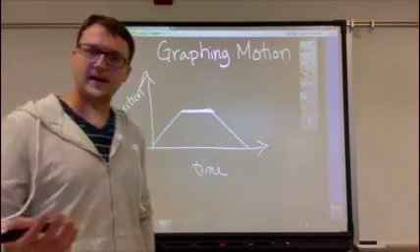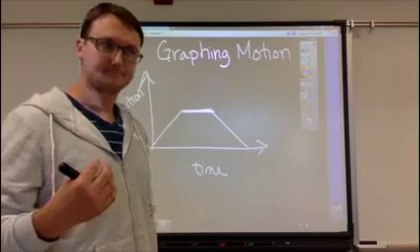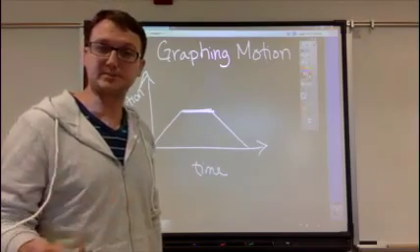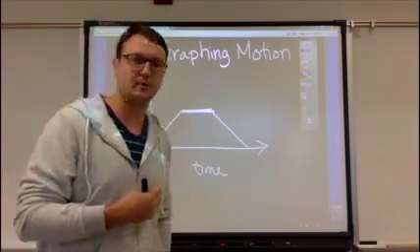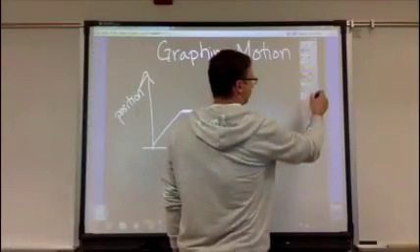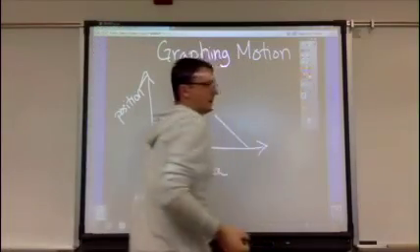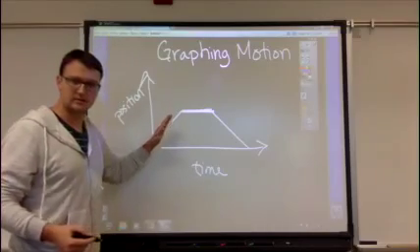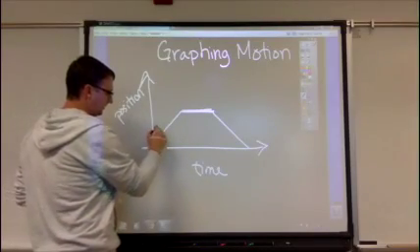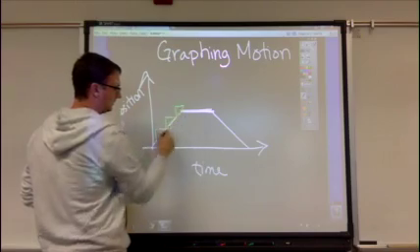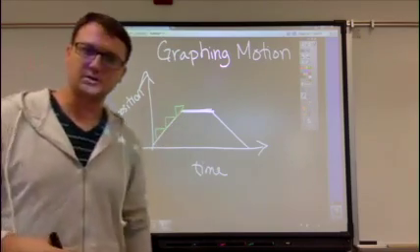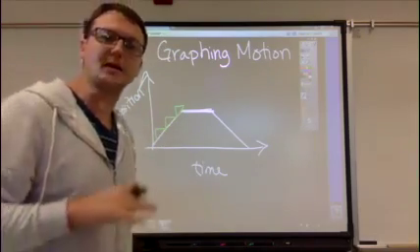And the way we can find out this person's speed on a position time graph is to find out the slope. So if the slope, like this right here, doesn't change, then we have a constant speed.